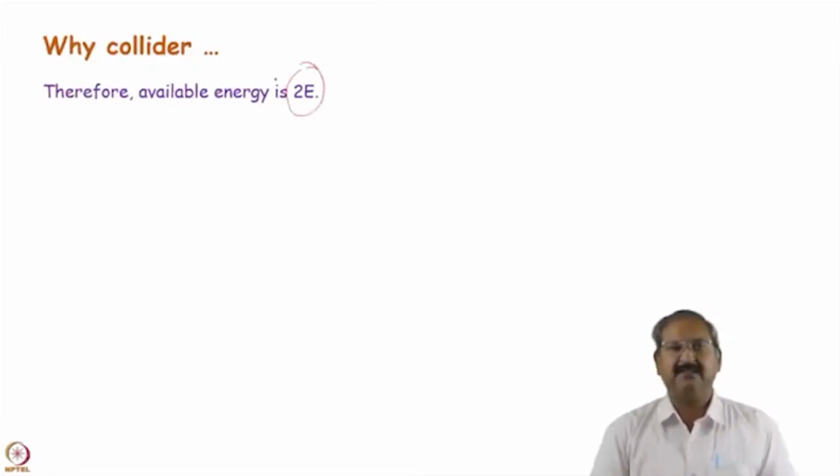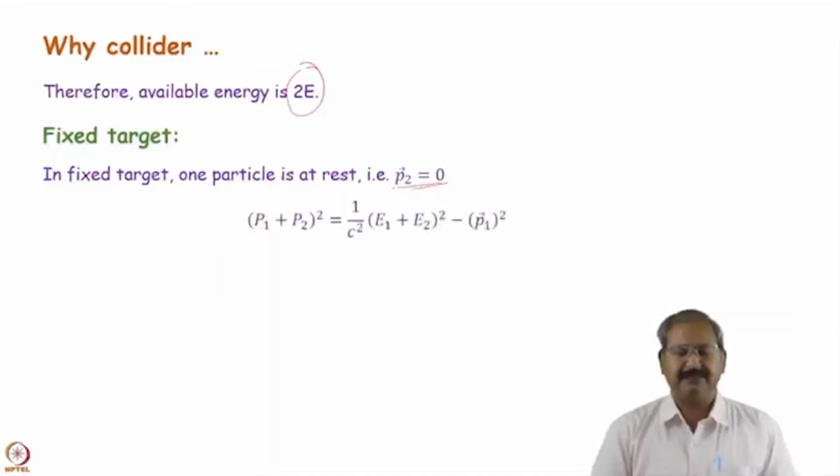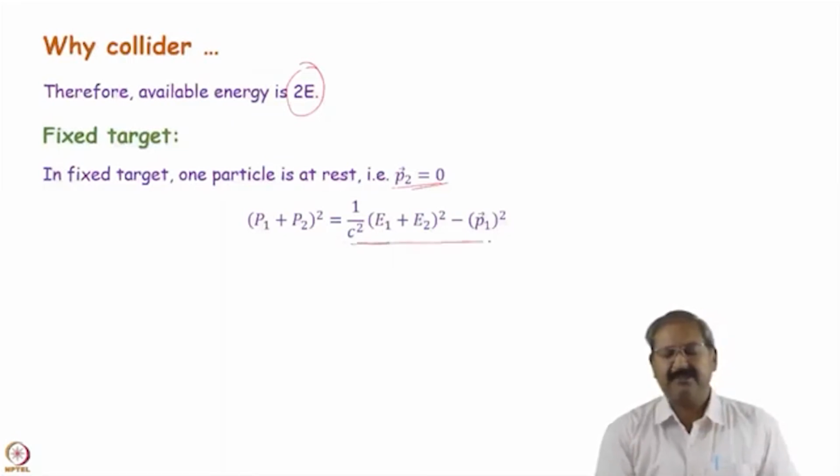Now we compare this case with the fixed target experiment. In a fixed target experiment, the second particle P2, which is in the target, is fixed. Its momentum is 0. So for the square of the 4 momentum, the length of the 4 momentum will be (E1 plus E2) square upon C square minus P1 square.